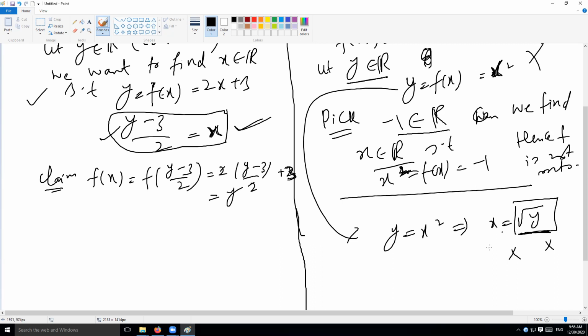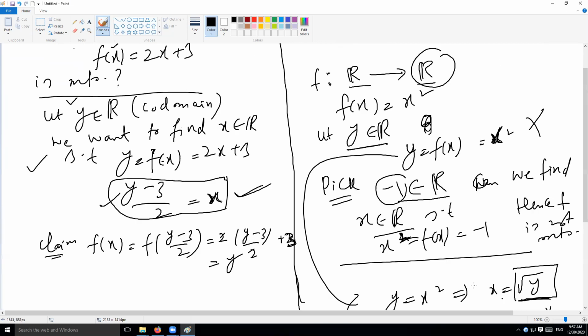That's what essentially you have to do. Or just show one point actually, which cannot be written as the output of something else. Okay, sir.